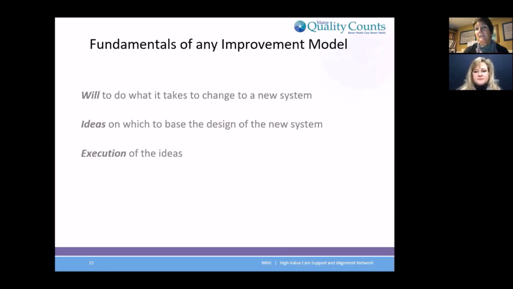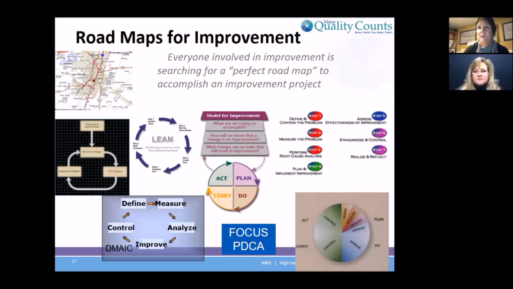So execution, as I quiz people around the world about this and ask them, they will time and time again say, it's executing that's so hard. And bottom line is, that's why we use an improvement method or an improvement model.